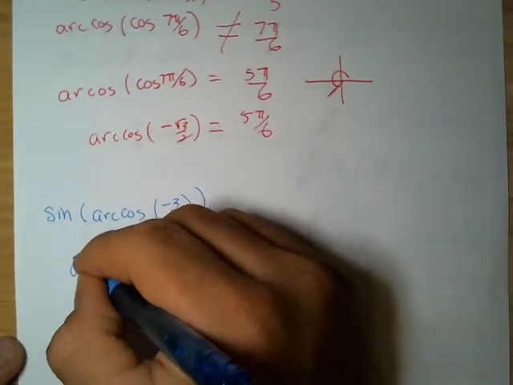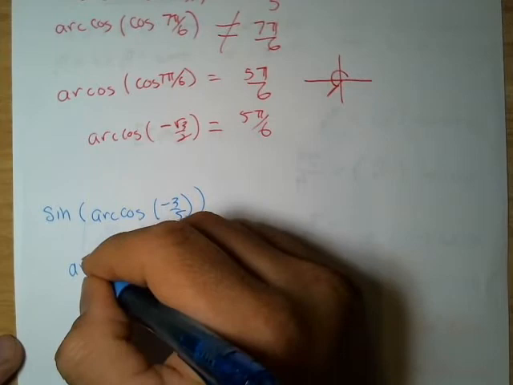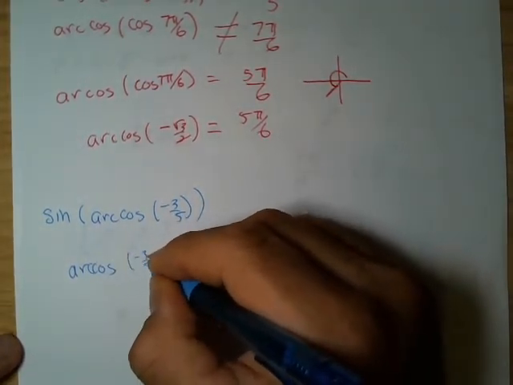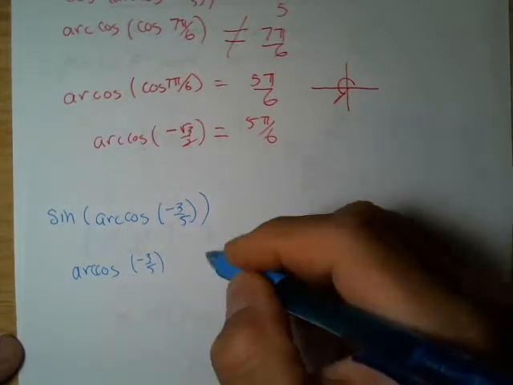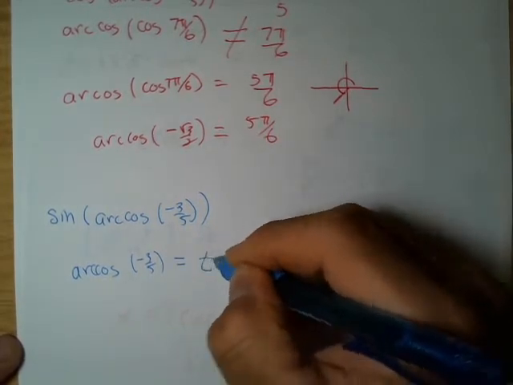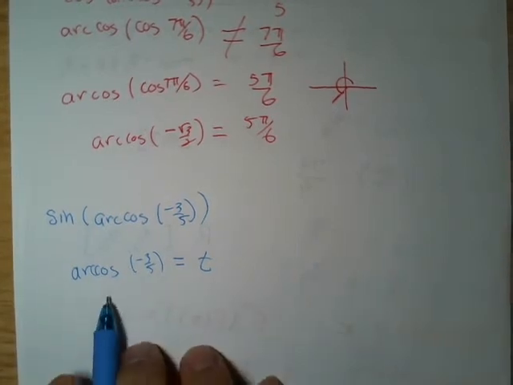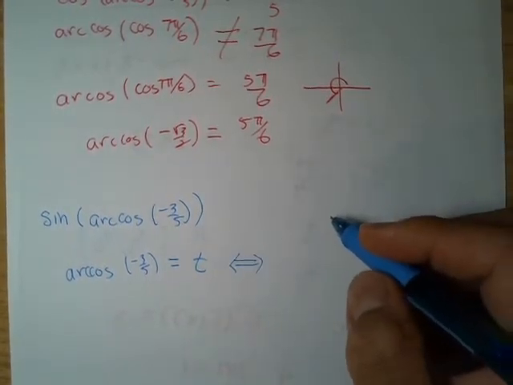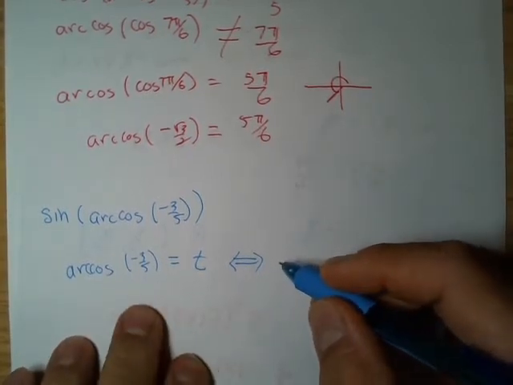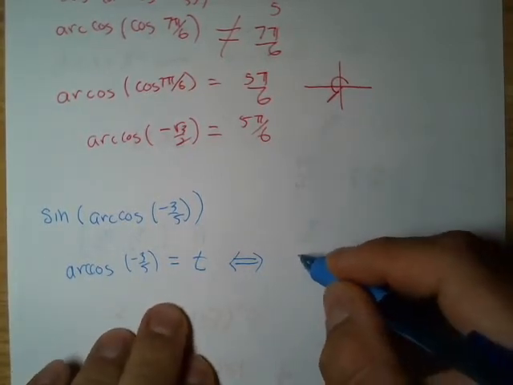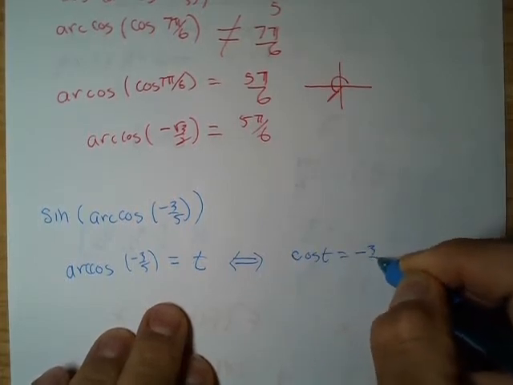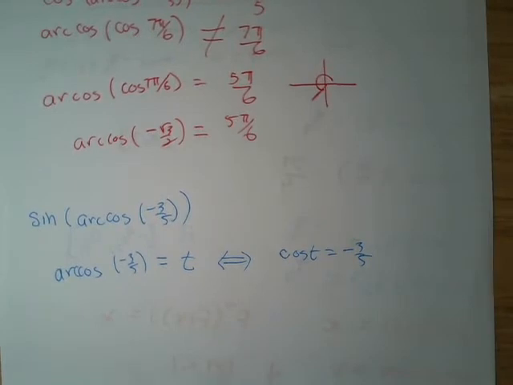If we have the arc cosine of negative 3/5, remember, the output of an inverse trig function is an angle. So let's call it t. Now this statement is true if and only if, as we said when we first started this section in the definition of an inverse, cosine of t is equal to negative 3/5, where t for the cosine is an angle between 0 and pi.